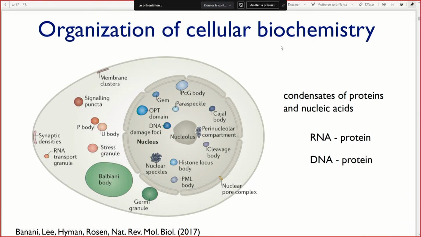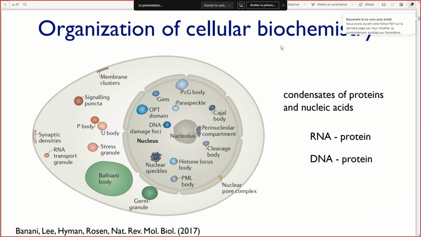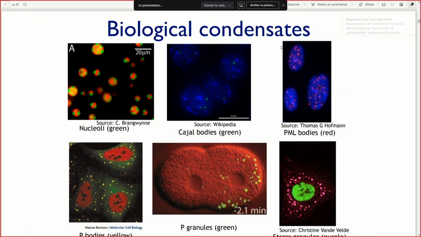Typically these structures combine nucleic acids and proteins. So there are many RNA protein condensates, and there are also DNA protein condensates.